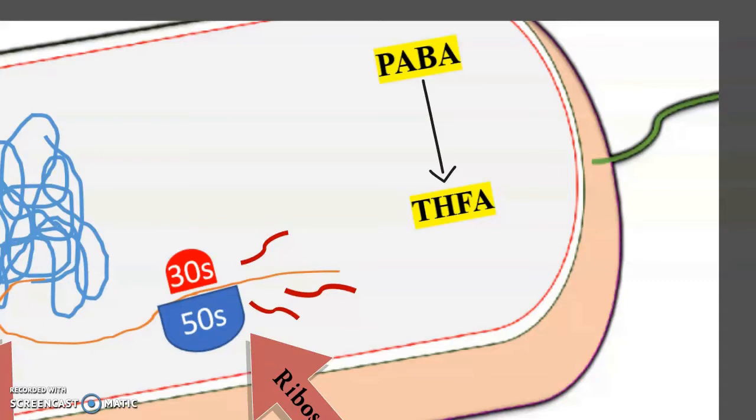It is very essential to synthesize folic acid, which maintains the genetic material of the bacteria. This feature is unique because, unlike human beings, the folic acid cannot be supplemented through diet or any exogenous source. Thus, the bacteria has to synthesize its own folic acid endogenously. So this is the brief introduction to the normal bacterial cell.